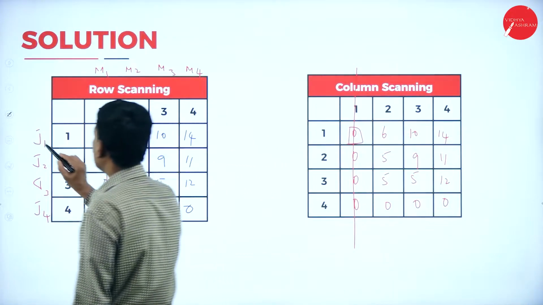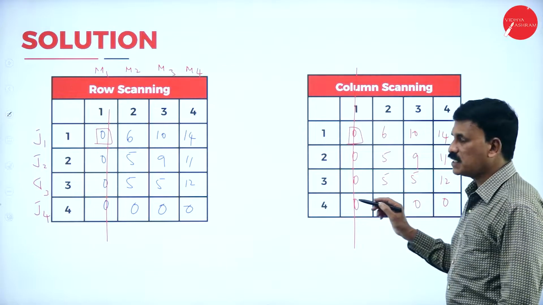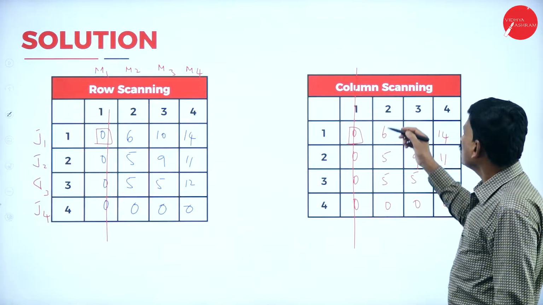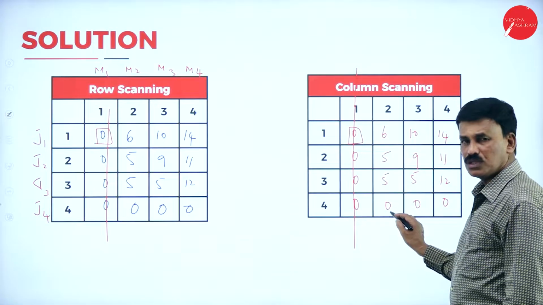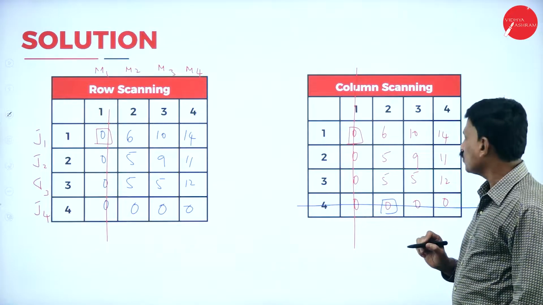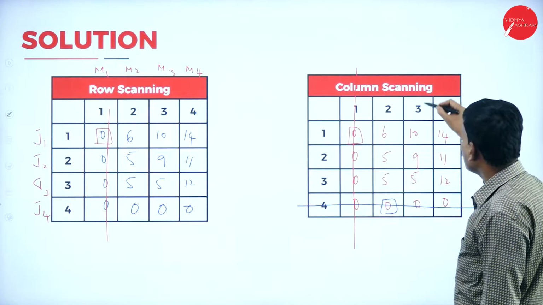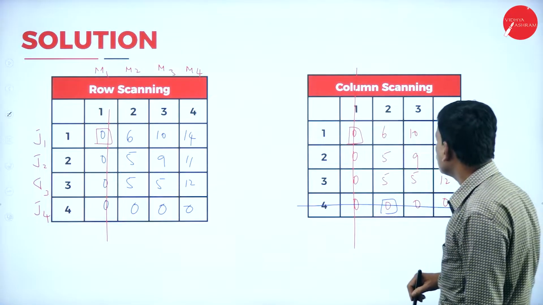Now in the column scanning, the first column is cancelled. Now come to the second column. In the second column we have 0. So now we can cancel this entire row. And come to the third column. In the third column there are no zeros, and even in the fourth column there are no zeros.